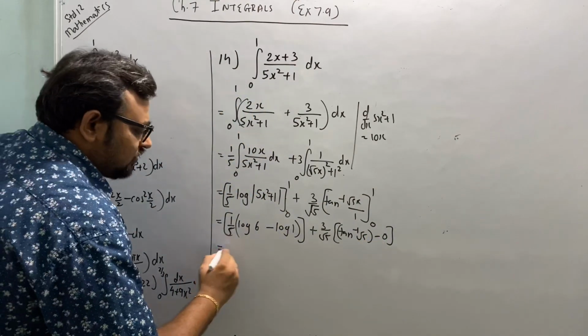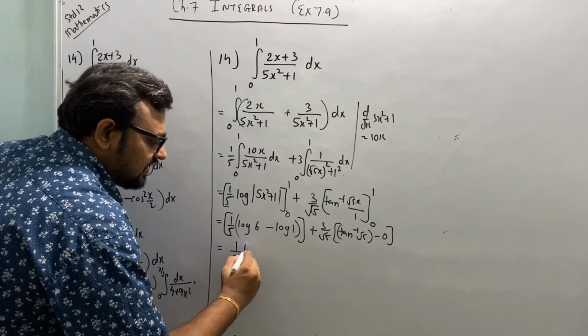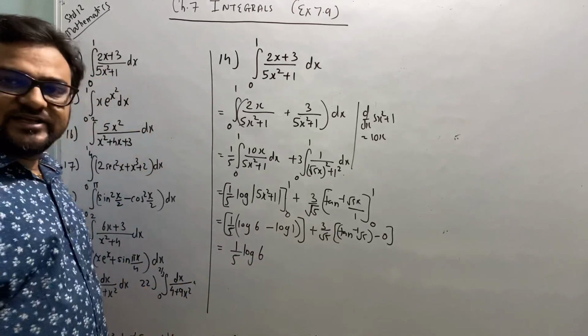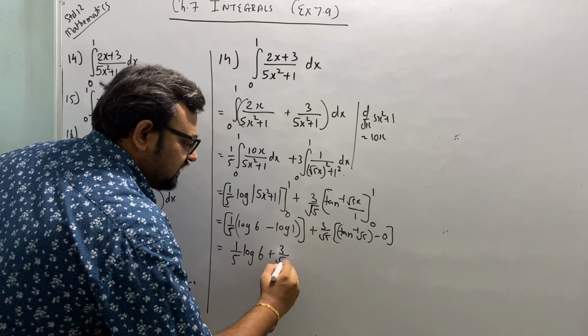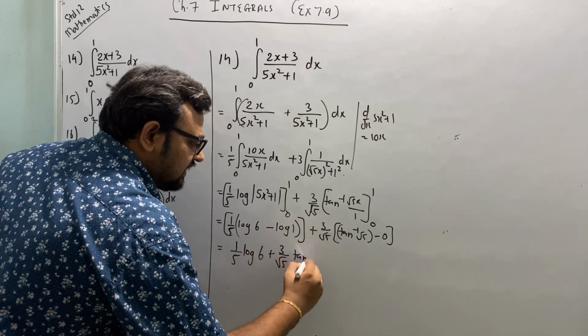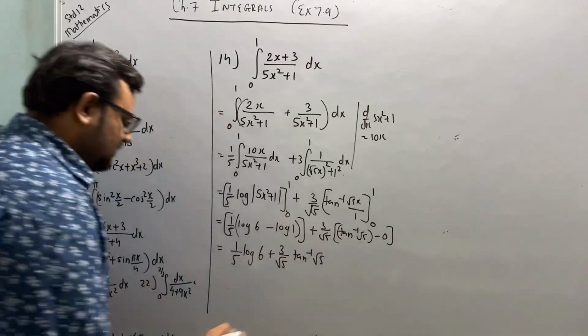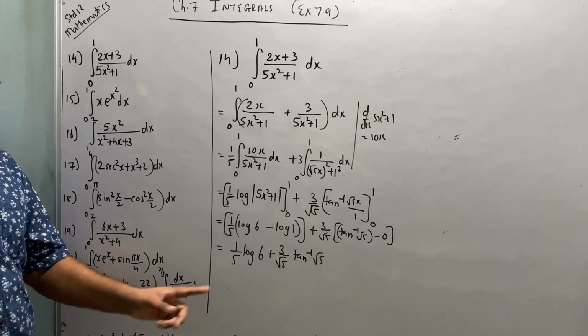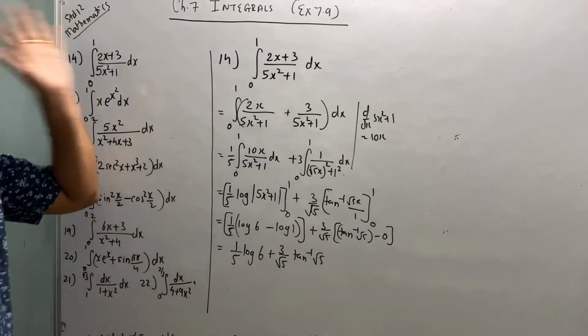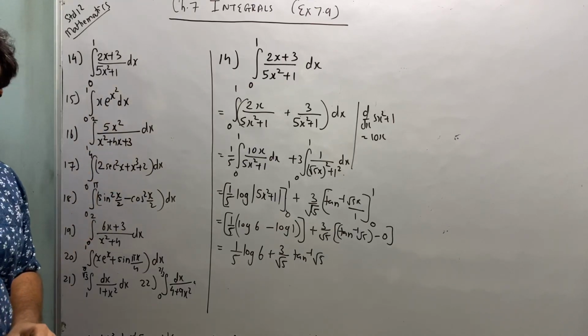So this will be equal to 1 by 5 log 6 plus 3 by root 5 tan inverse root 5. This is the answer for question number 14.